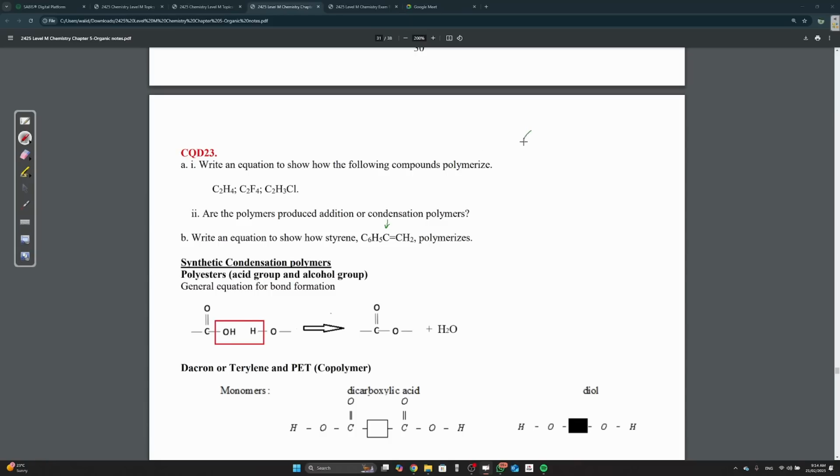Always start with the carbon double bond. CH2, you have an H H over here. And this is bonded to what? C6H5. Then you add a hydrogen down here. Someone's going to ask, where do you get the hydrogen from? Basically, if chemists wrote an H here, it's going to look like this.